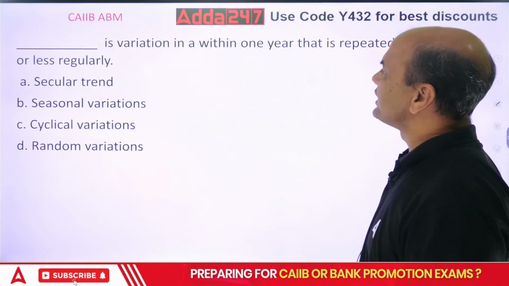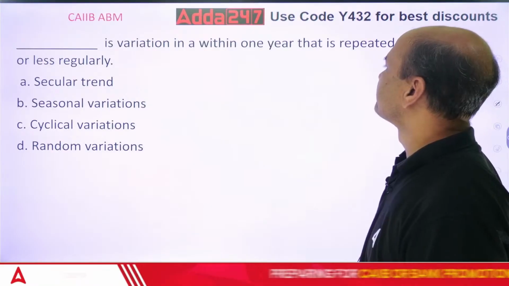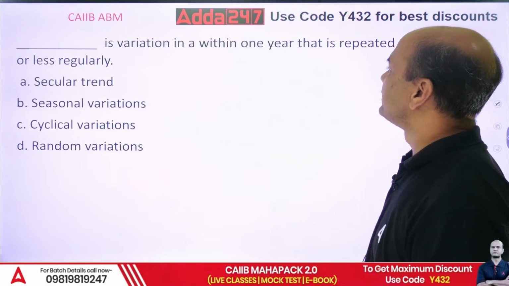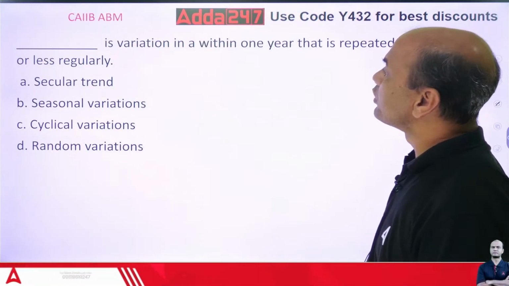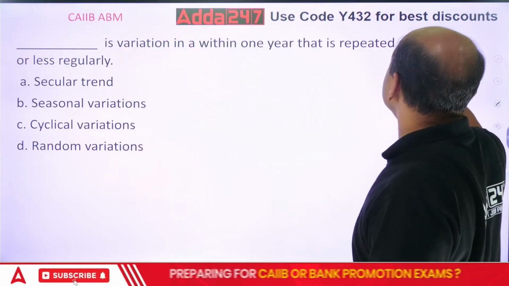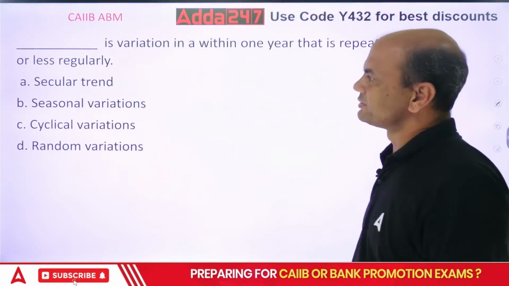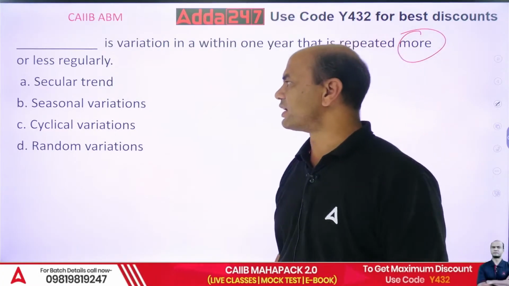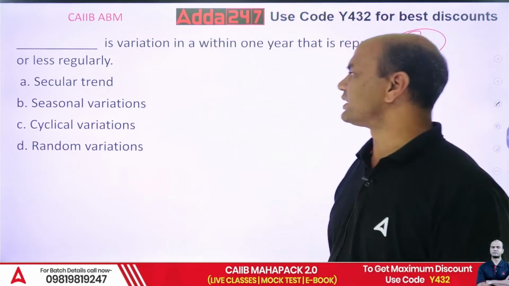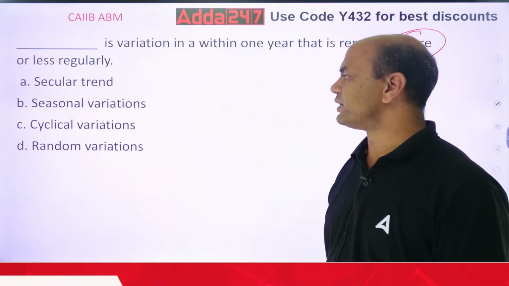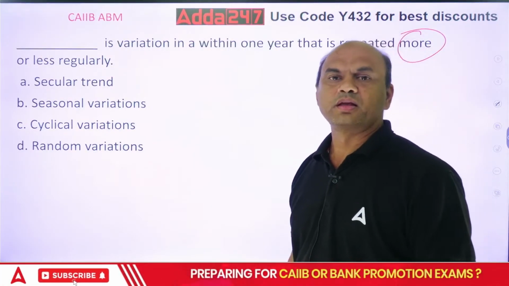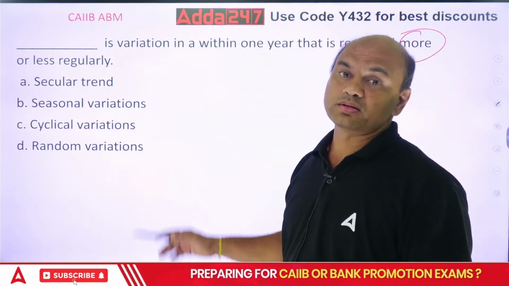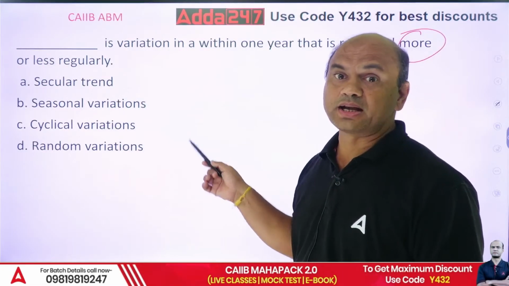Dash is a variation within 1 year. Within 1 year that is repeated more or less regularly. Secular trend, seasonal variation, cyclical variation, and random variations. Now this is a part of your trend analysis.